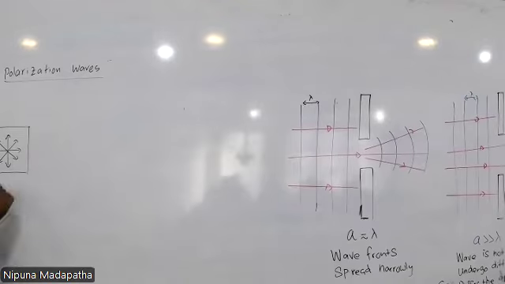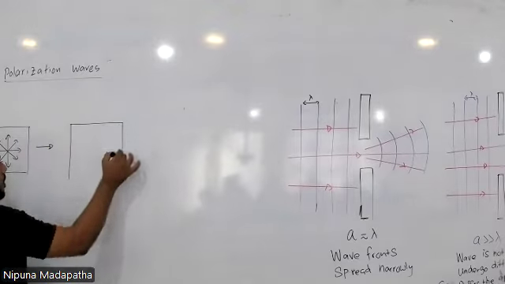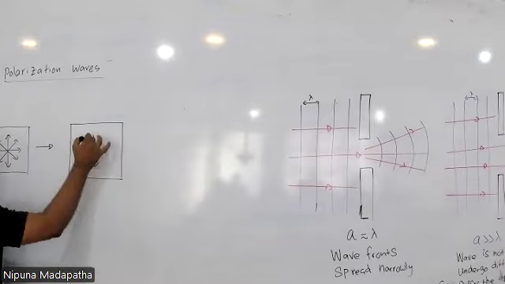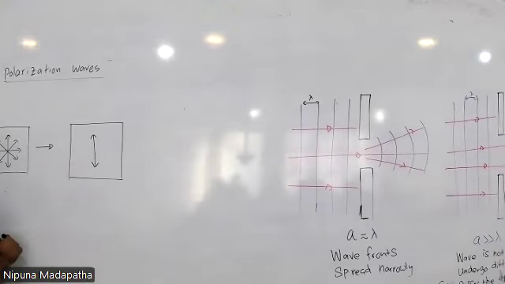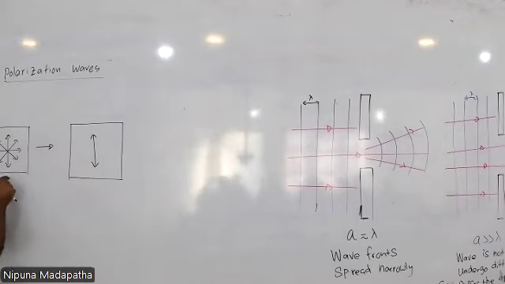This is unpolarized. And polarized means we restrict the oscillation of this transverse wave to a single plane, right? From this situation to here. Here we have the transverse wave oscillating in various directions or various planes.